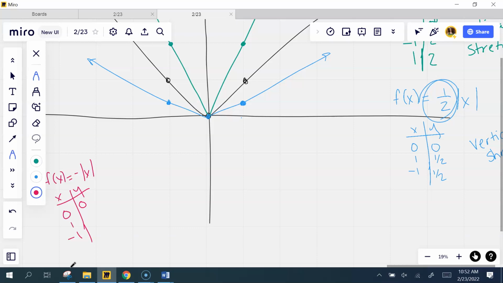Negative 1. That negative in front is forcing everything negative. 0, 0, 1, negative 1. So it looks exactly the same, but what happened? It flipped. Or reflected over that x-axis.